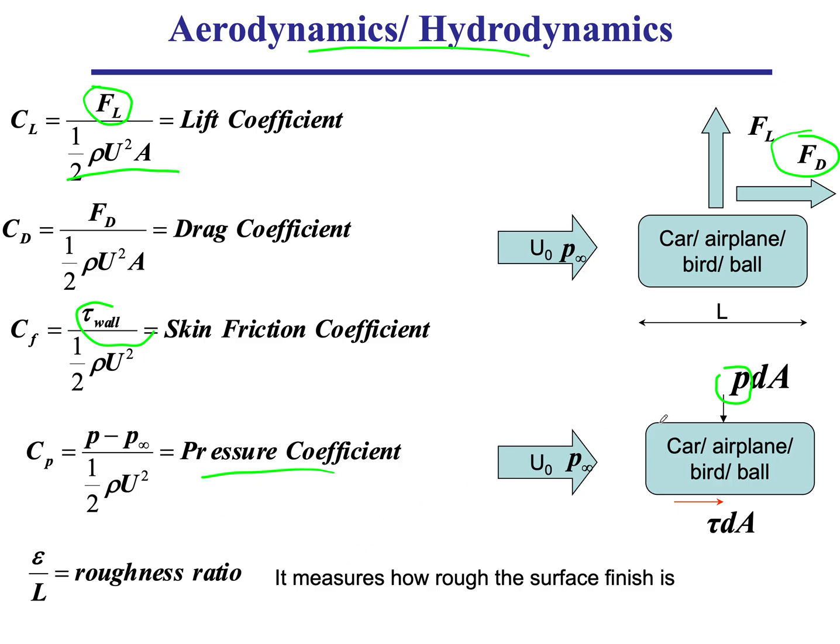And for these objects, you have a surface that has a roughness height, epsilon, and that sometimes can play a role. It can affect the lift, the drag, the skin friction on your object, even the pressure coefficient. How rough the surface is can affect it.